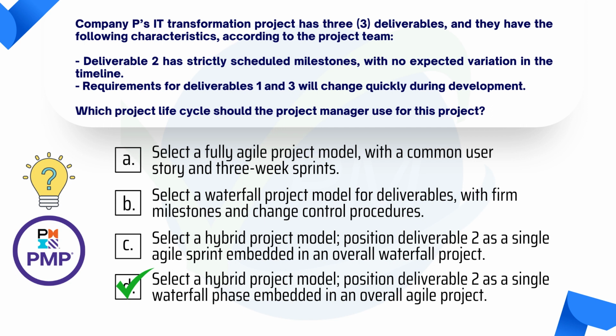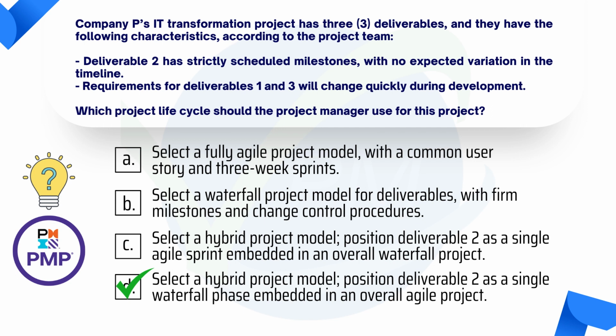The answer here is that you are going to select your hybrid project model. You will position your deliverable 2 as a single waterfall phase embedded in the overall agile project. Okay, so the reason for that. If you see here, you've got 3 deliverables.